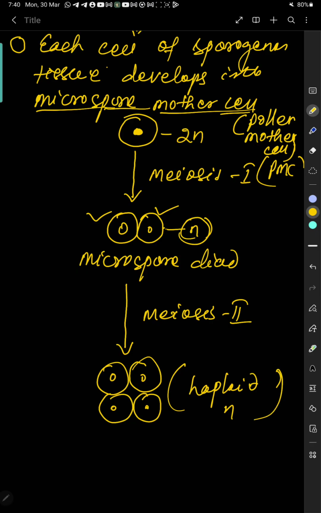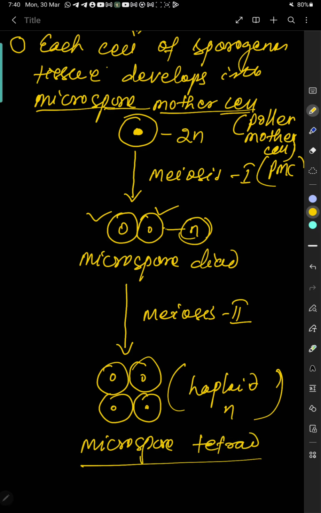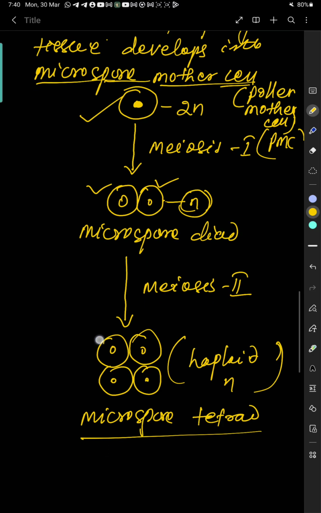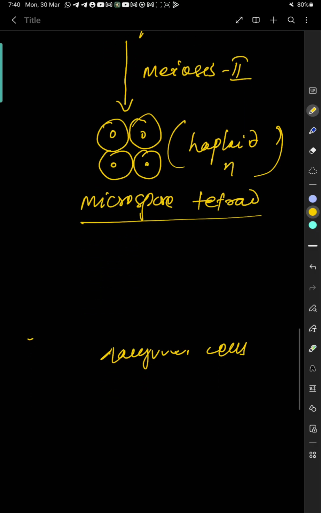So this is called a microspore tetrad. And this process of formation of microspore tetrad from the microspore mother cell is known as microsporogenesis.